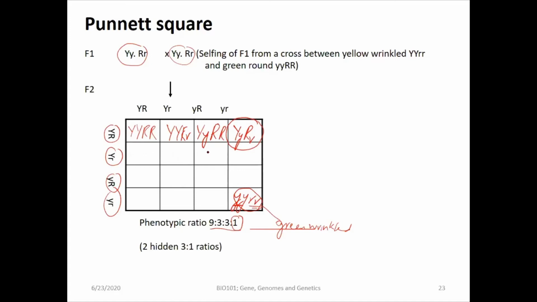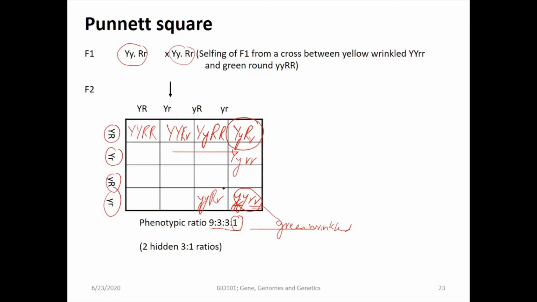You guys are faster than my 101 classes. What will be the phenotype of this one? Yellow wrinkled. Very good. Now you are not going to say anything. You remain quiet. What will be the phenotype of this one?